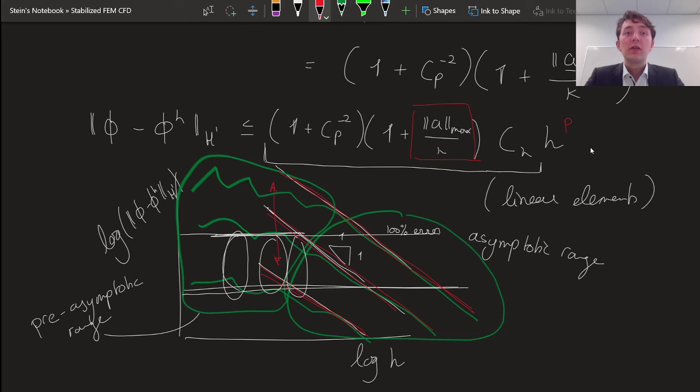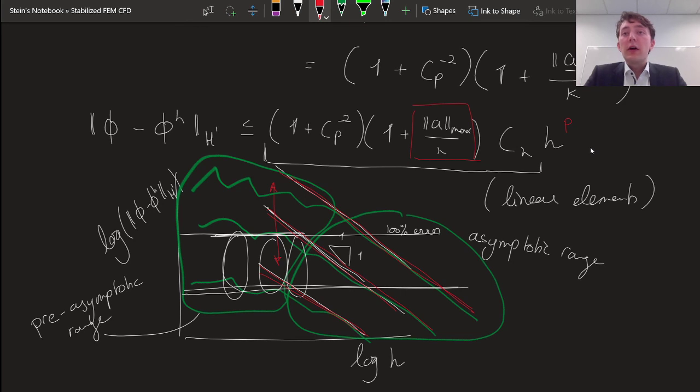It is the simulation method itself. So we're never really in the asymptotic range. We're always in the pre-asymptotic range. So what we typically want is that in that pre-asymptotic range we also have solutions that are useful.